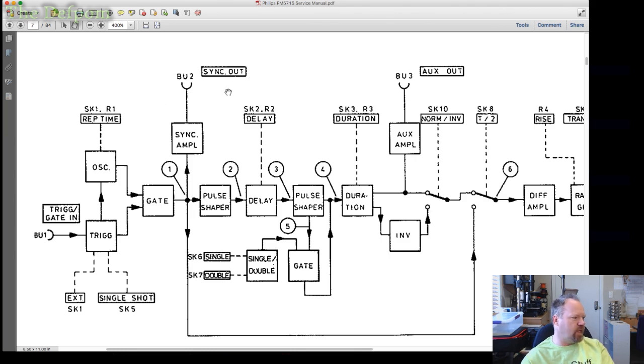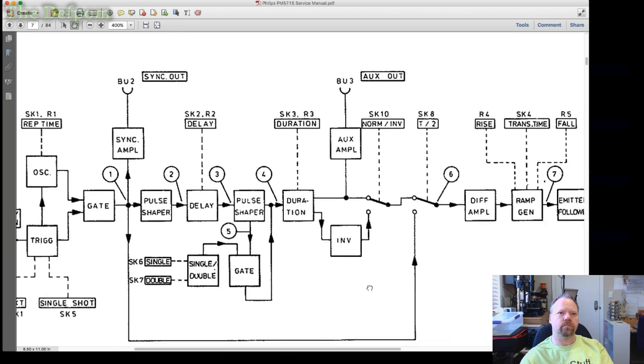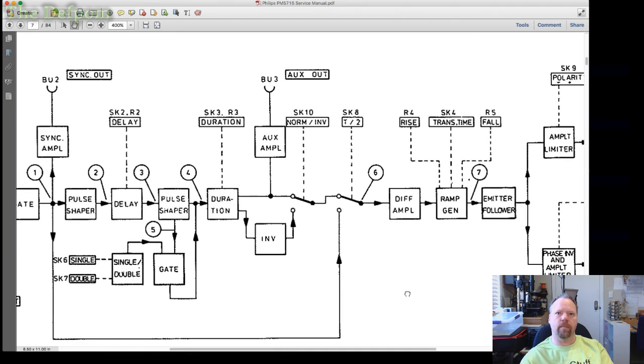Is that what they're calling sync out, I wonder? Because what I'm seeing is the basic pulses, which would be what this is doing. So I'm getting something here. It could be after this point, depending on if I had something here or not. I can't remember. I'll have to hook it up to the scope and have a look.